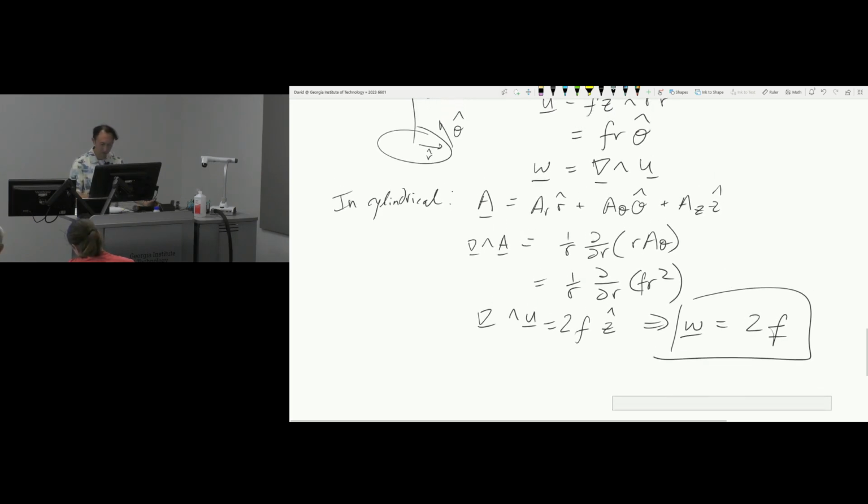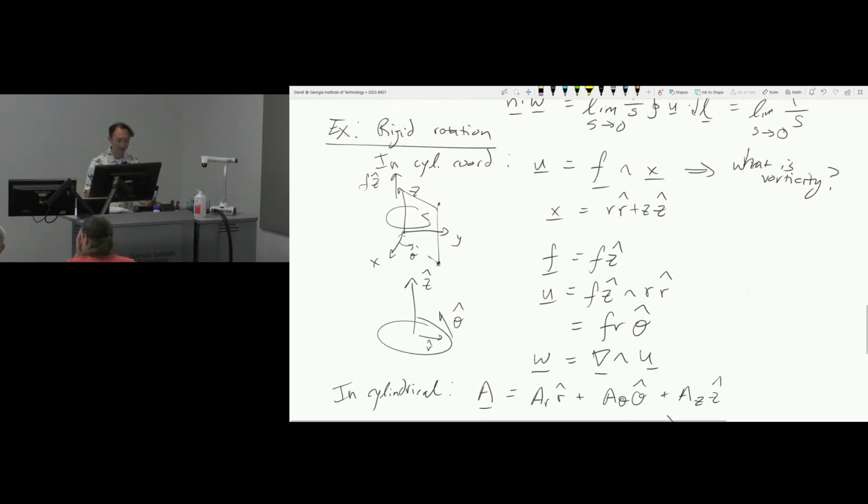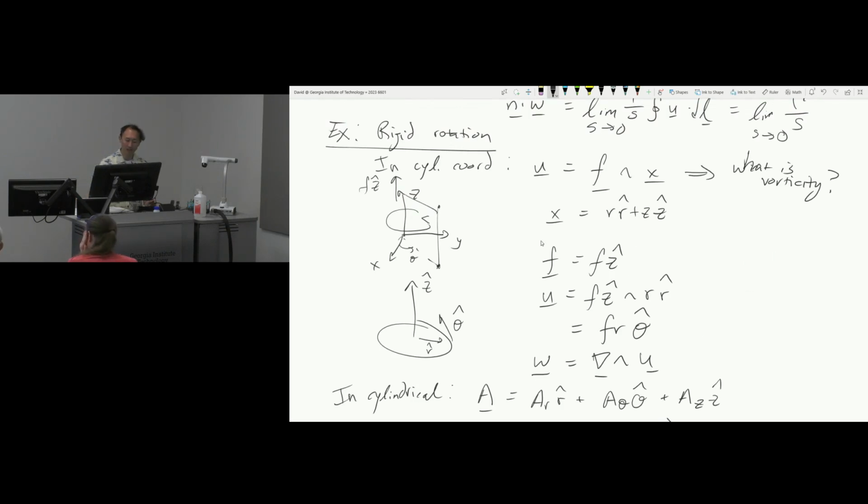F is what? That's this, you said it's the spin? Yeah, F is given, basically, how much the rigid body rotates. Basically, it tells you the direction that it's spinning around the z-axis, and it tells you the frequency, like the rotations per second.